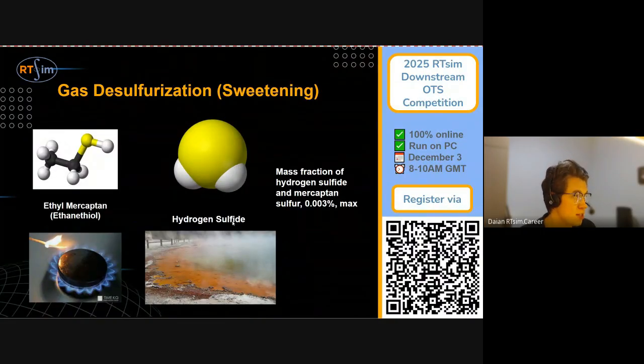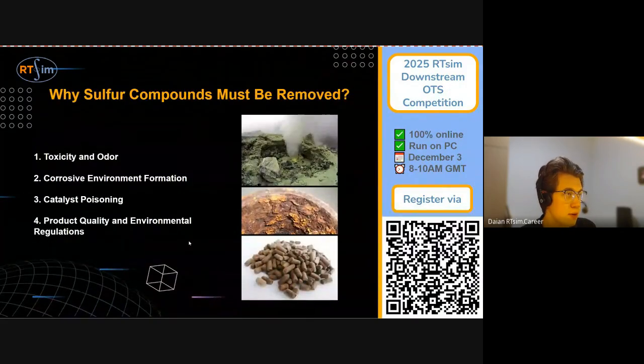The second main reason is corrosive environment formation. In the presence of moisture, water vapor, both hydrogen sulfate and mercaptans form acids, corrosive media such as hydrosulfuric acid, and these compounds cause corrosion of pipelines, heat exchangers, and equipment, leading to leaks and failures.